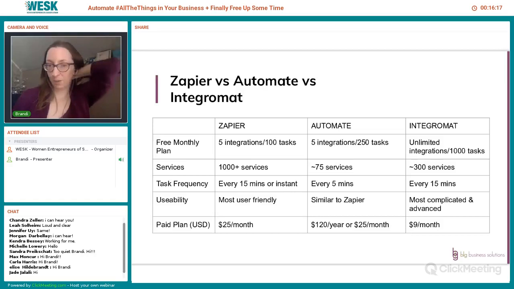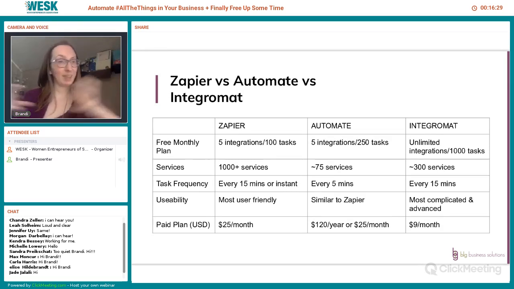Then I want to talk about the task frequency. When these integrations execute, when you're on a paid plan, for the most part, they will be instant. So as soon as something happens, it executes. On the free plans, there's usually a delay. So just be aware of that.